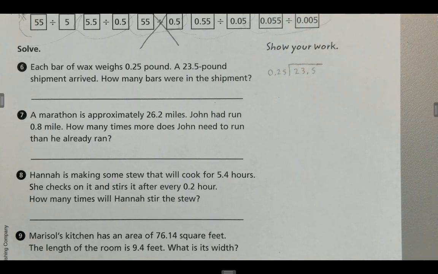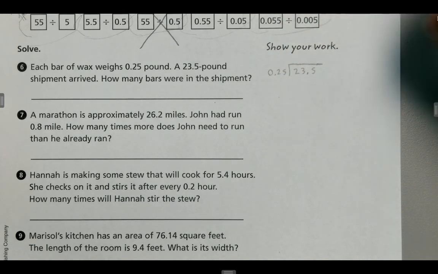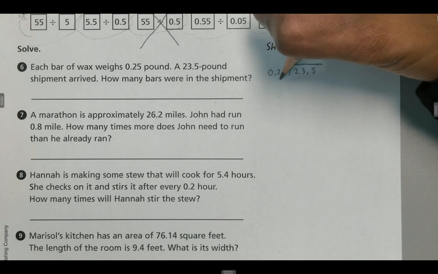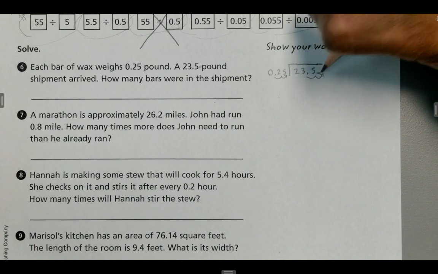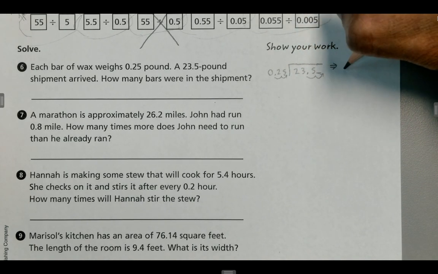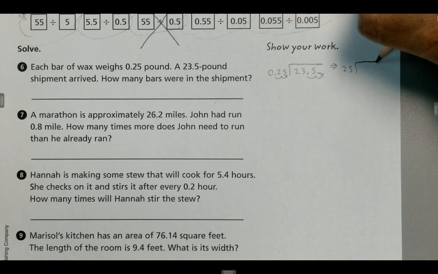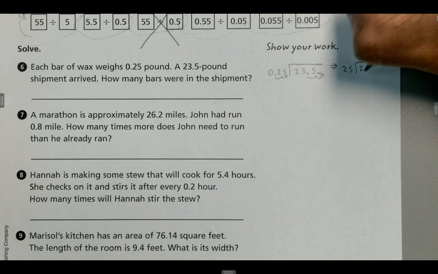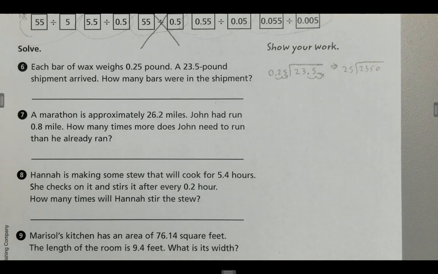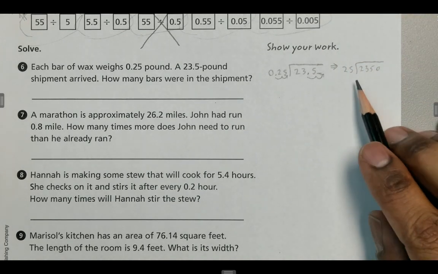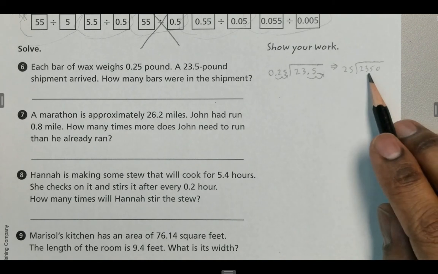That's our dividend. How many pushes are needed to clear out the decimal point in the divisor? Whoop, whoop, 2 pushes. Let's rewrite this as a divisor of 25 and a dividend of 2,350. Find how many times 25 goes into 23?